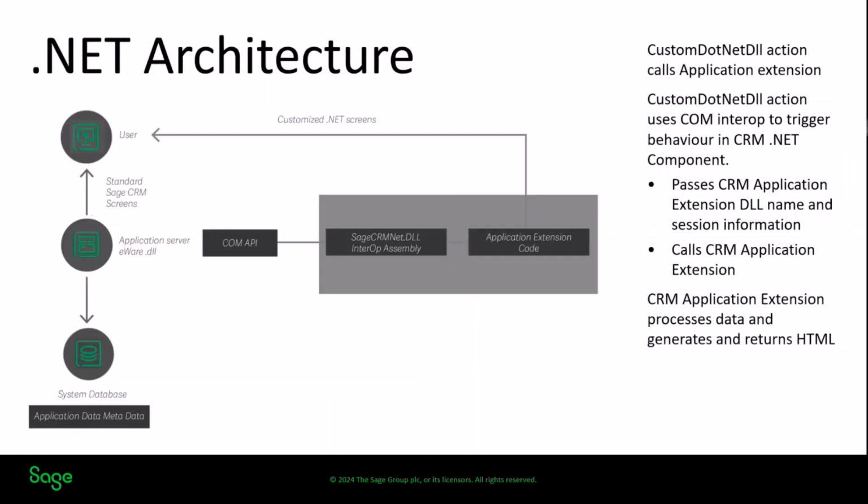So what we end up doing is delivering DLLs into CRM. As we will see in a little bit, they will sit in a location similar to the custom pages location that we saw with the ASP pages.